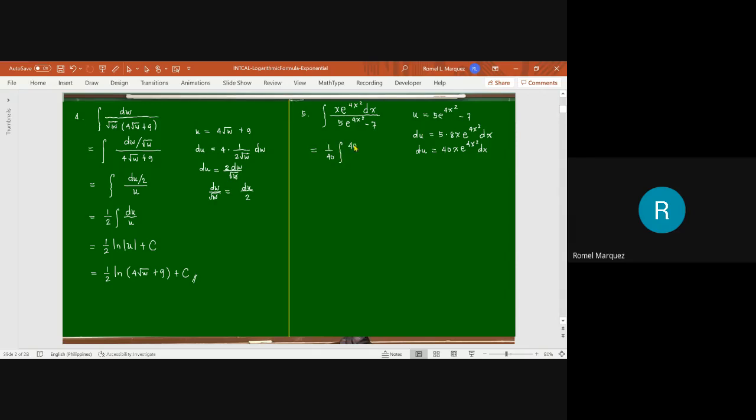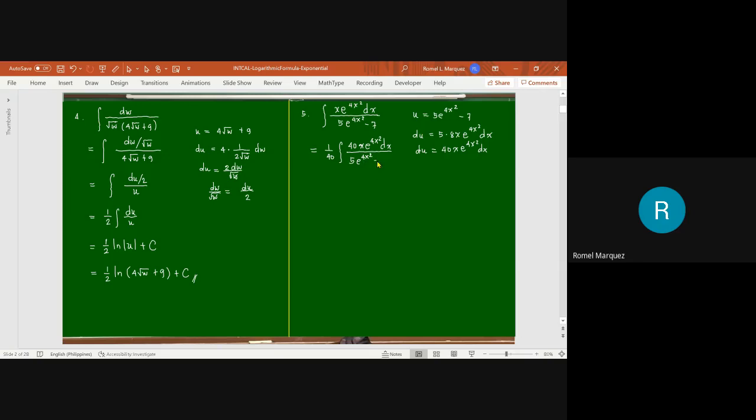So I'm going to multiply by 40 inside. So we now have 40x e to the 4x squared dx. So the numerator is now du, and the denominator is u, okay? Because that's what we have here, 5 e to the 4x squared minus 7.